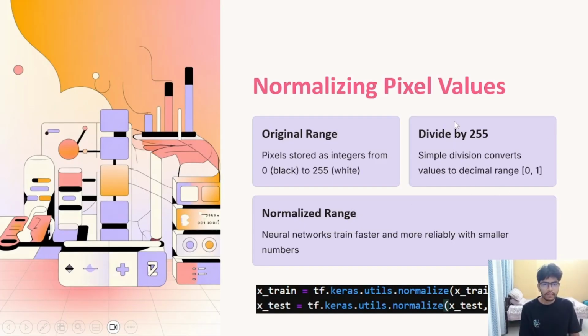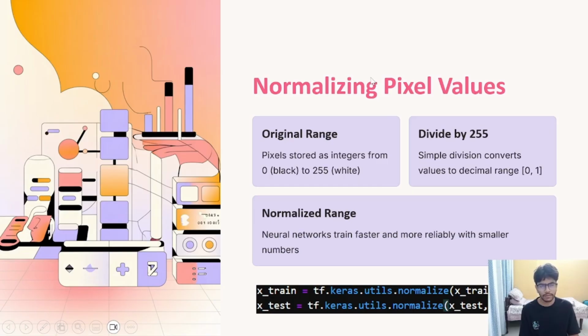Then we are normalizing the pixel values. What normalization means is, as we know, a pixel contains a number from 0 to 255. What normalizing does is it converts the numbers from 0 to 255 into 0 to 1.